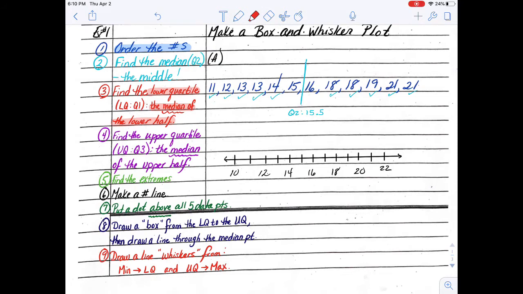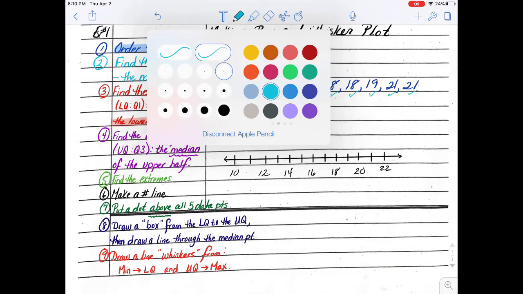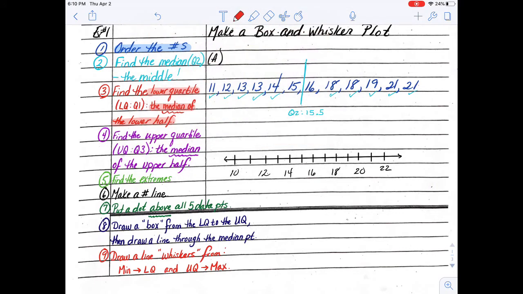I can't use that because that's the middle. My lower half is everything below that middle line. So my lower half are these numbers right here, these 6 numbers. So I have to find the middle of those 6 numbers.